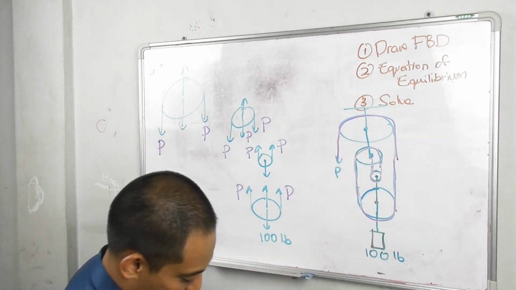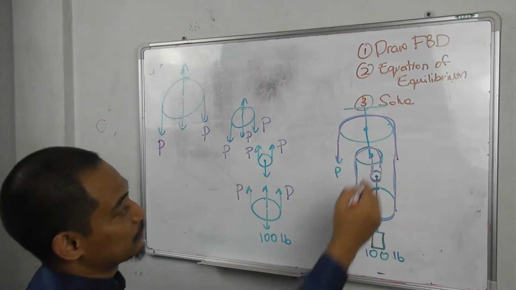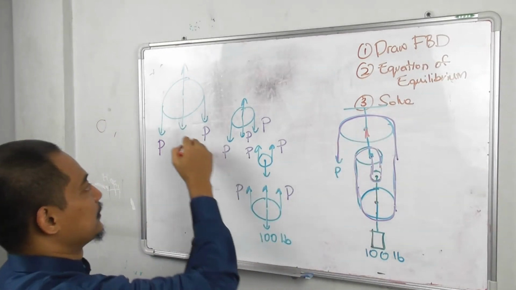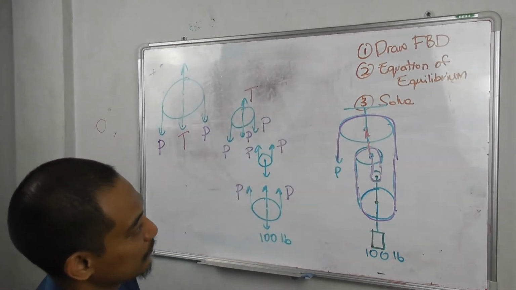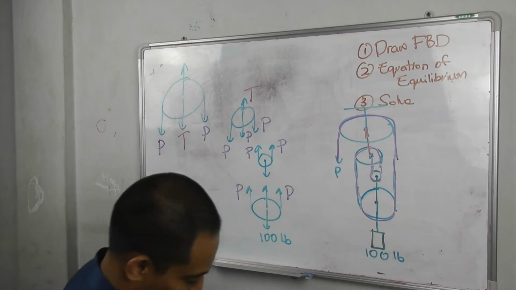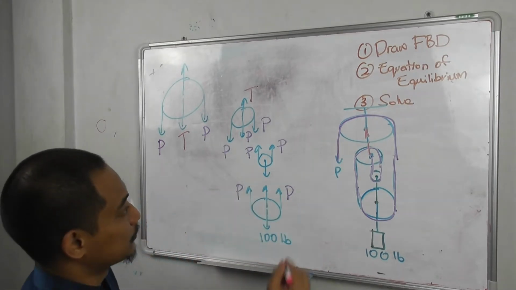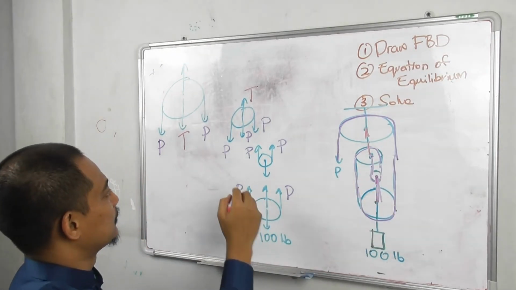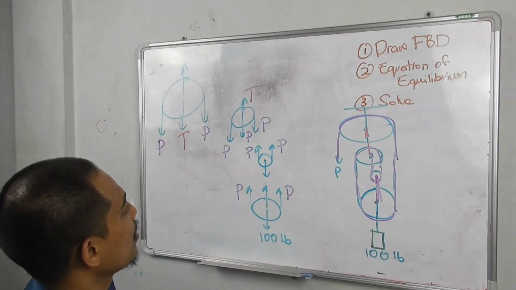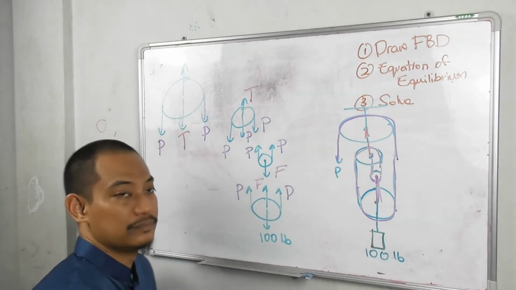And then you have a different force, which is this one. Let's say this is T, meaning this one is T. And then you have another one, this one. Let's say this is F, and this is F, right?